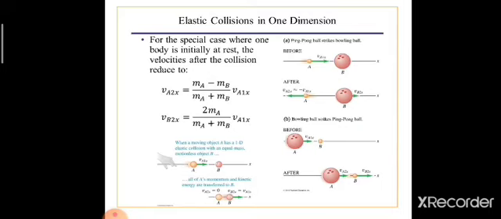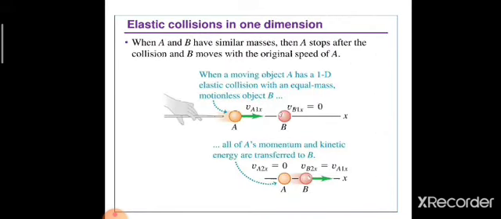We can see VA2x, the final velocity of the first object, becomes 0 since MA is equivalent to MB, and VB2x is equivalent to 2MA divided by MA plus MA, which is 2MA, that is VB2x is equivalent to VA1x. That is, the second object starts moving with the velocity of the first and the first object comes to rest.